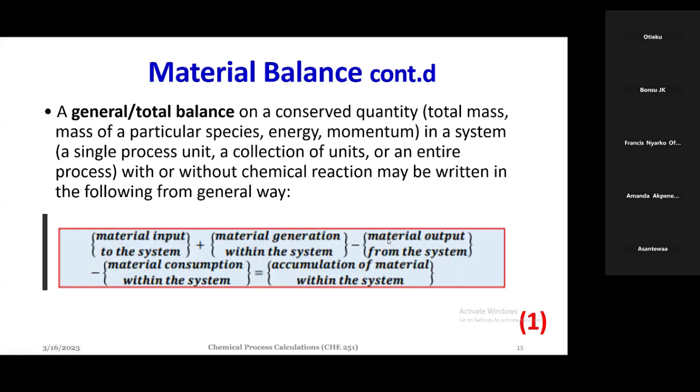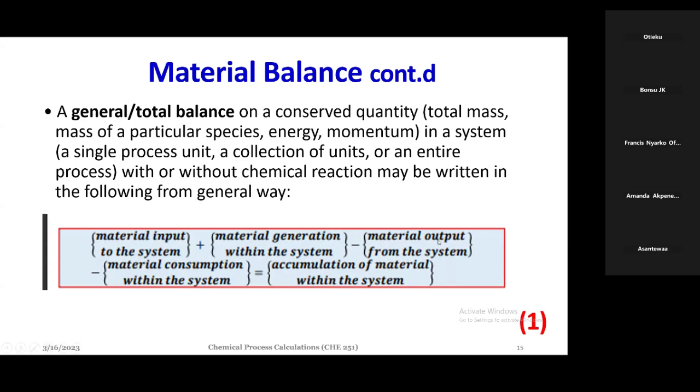Let's say we have material A, and we are expecting to produce material B. Now when I put in 20 kg of material A and 5 kg of material B is formed in the reactor, within that reactor I now have 25 kg of material in total. And let's say 10 kilograms of the materials came out, both A and B. When I sum them together, 10 kilograms is coming out.